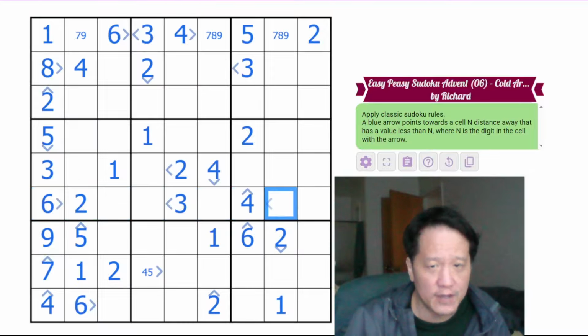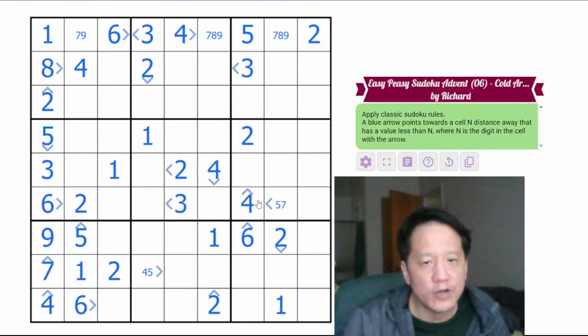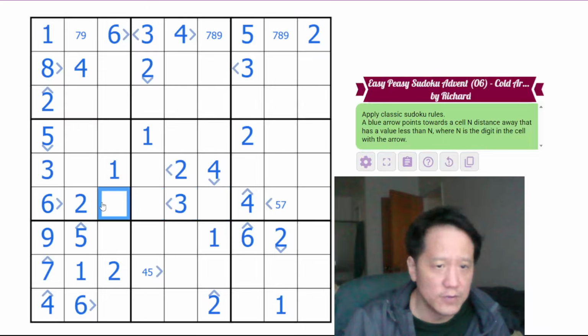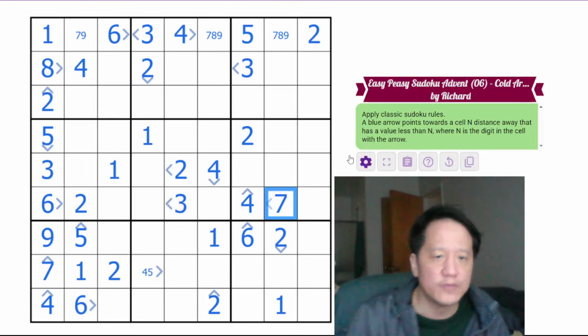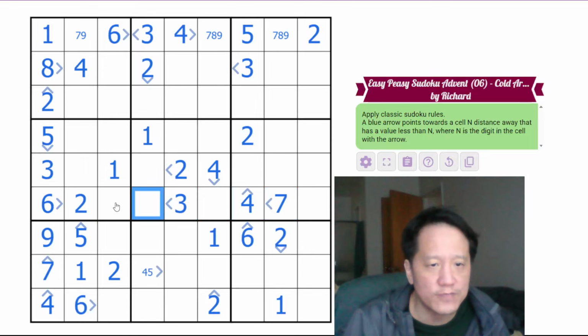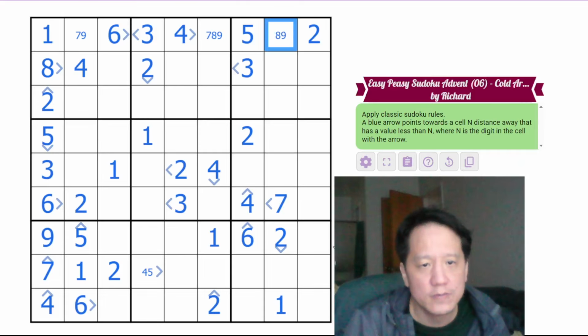It could be 5 or 7. 5 away is 1, 2, 3, 4, and 5. But this can't be 1, 2, 3, or 4. So it cannot be 5. So therefore this is 7. 7 away is 1, 2, 3, 4, 5, 6, 7, which is a 6. 6 is less than 7. So this can't be 7 here.